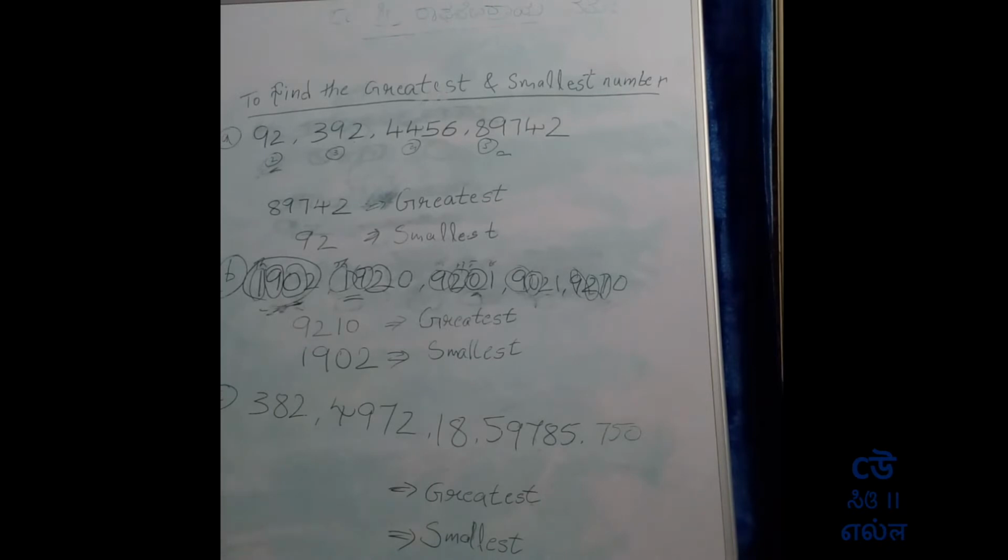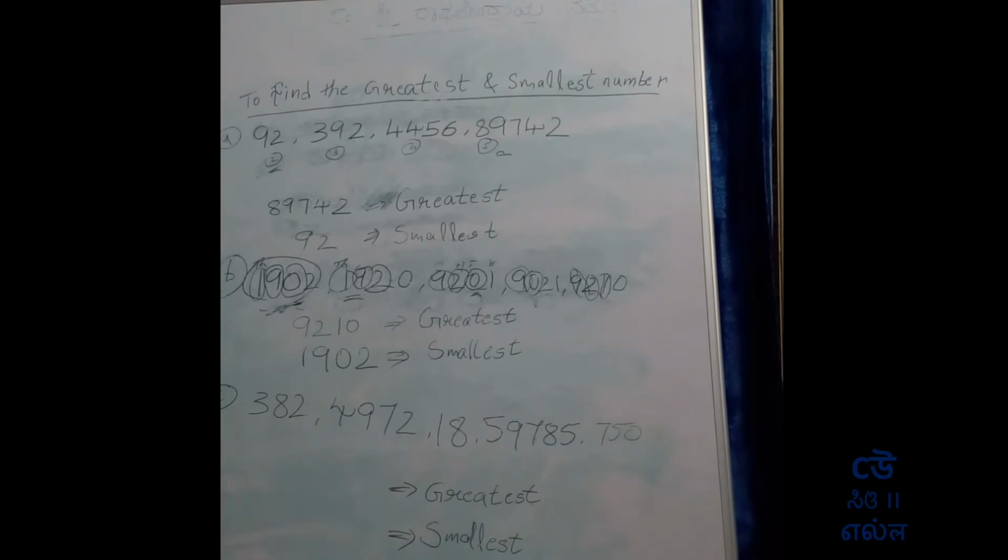Otherwise, if you didn't get it in that step, the third step is again you have to consider the next place value, that is hundreds. Consider that hundreds place value number, and see if you can get the greatest number.